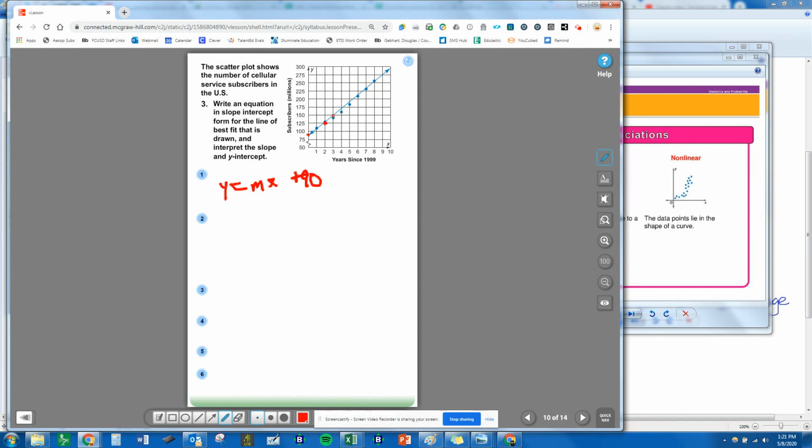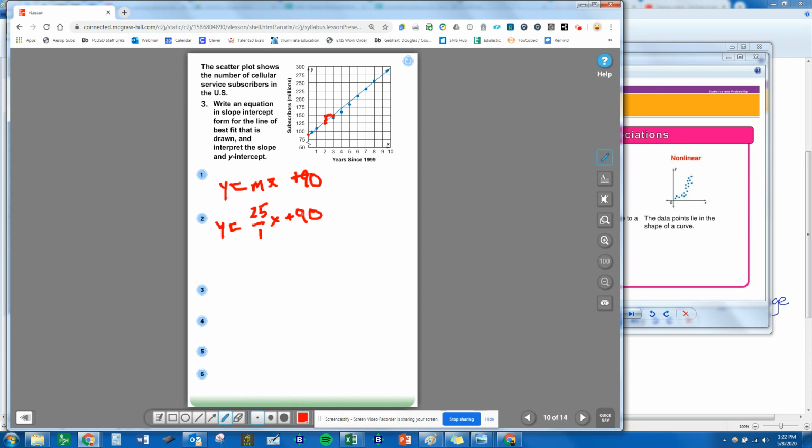It looks like I went up and over. And what is the rise over run? So you should have said it is 25 over 1. So our actual line of best fit, y equals 25 over 1x plus 90, would be the equation of the line of best fit.